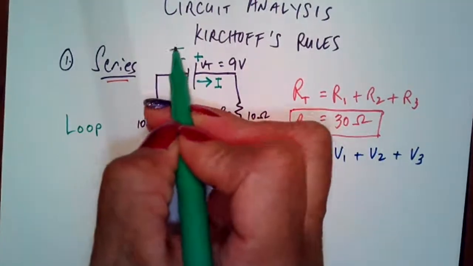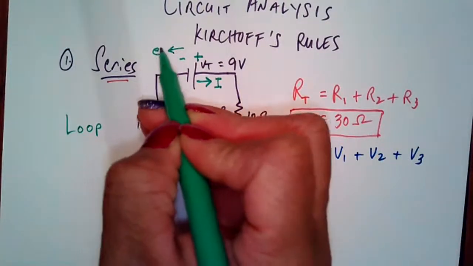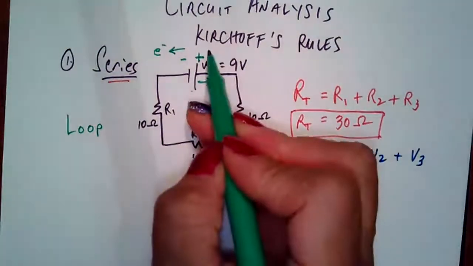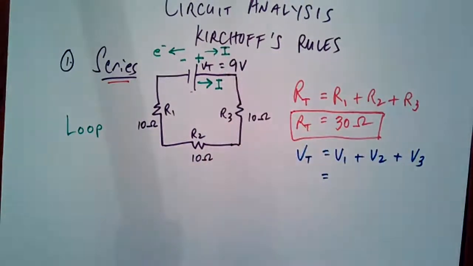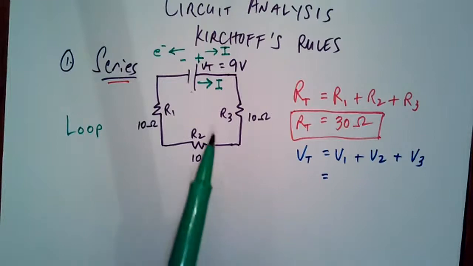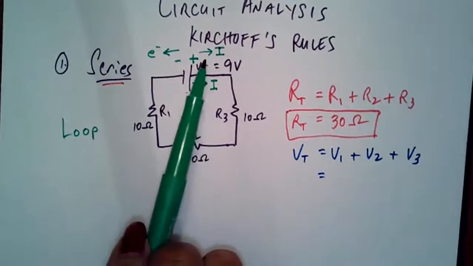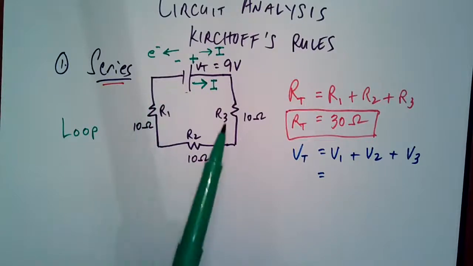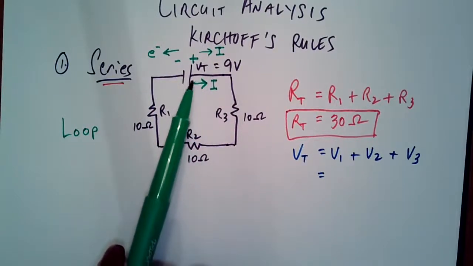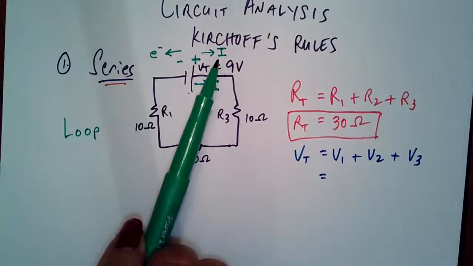Recall before that we talked about the electron coming out of the negative terminal, but it is the conventional current flow that we look at when we're looking at the circuit. So it is the current flow that is allowing this circuit to work. Current is coming from the positive end of the terminal here.